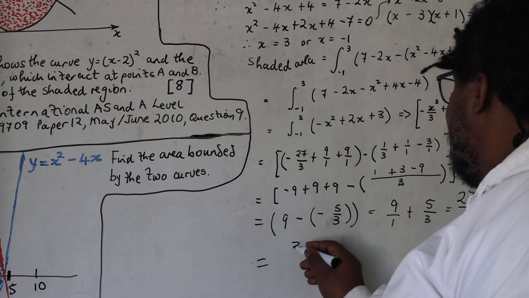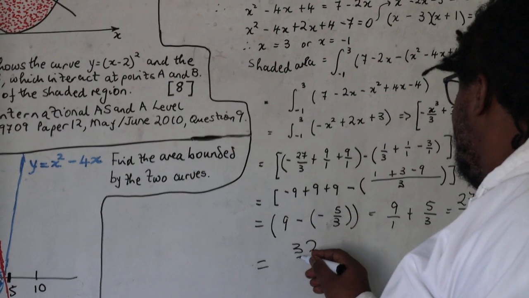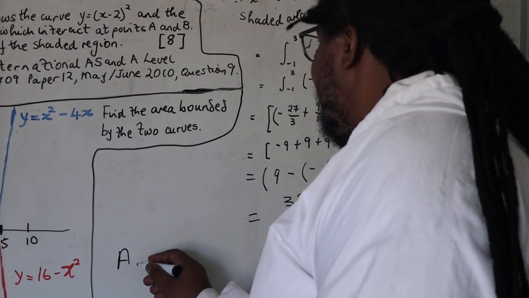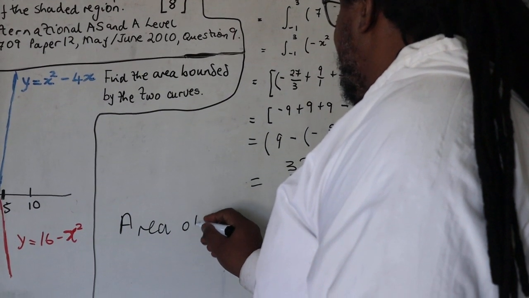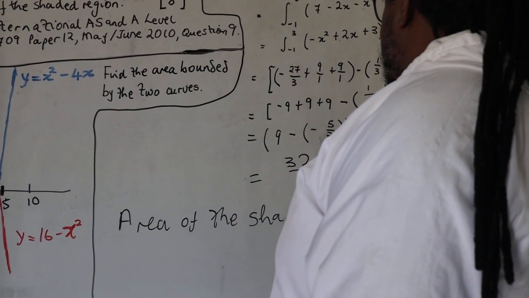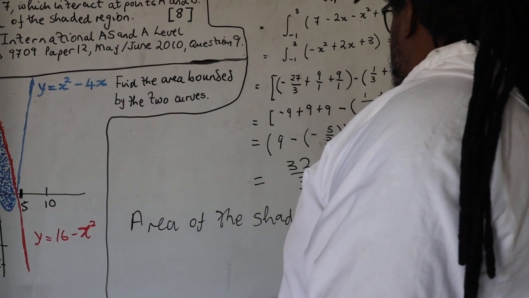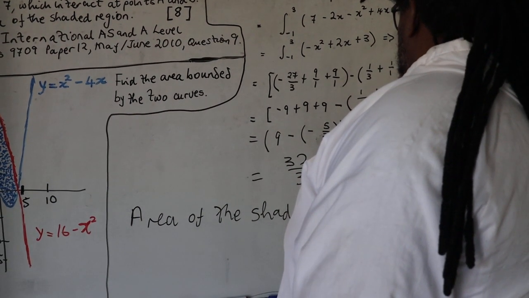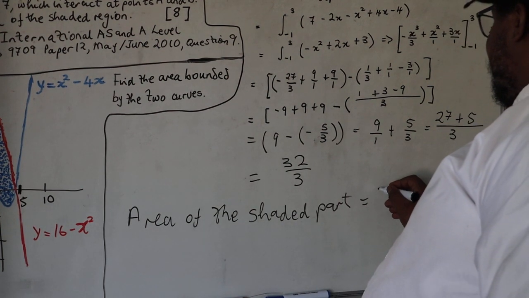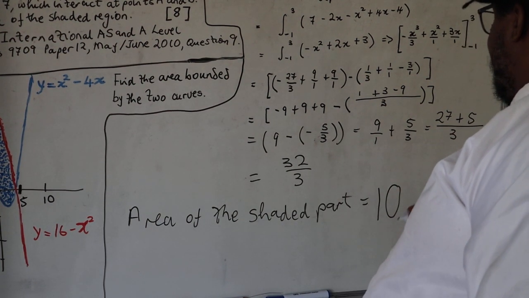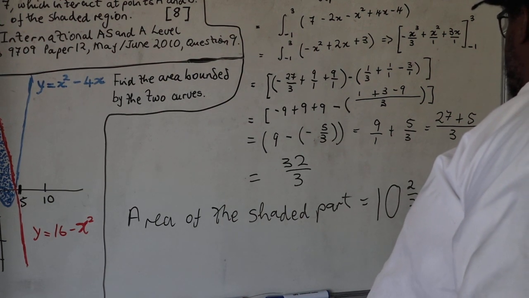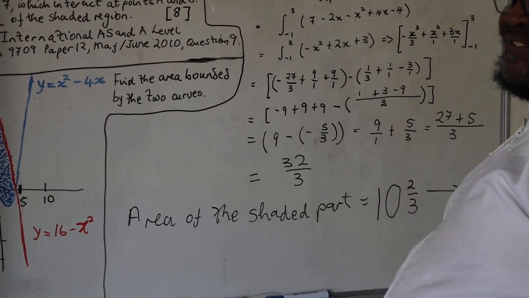So this is equal to 32 over 3, and area of the shaded part equals to 10 and 2 over 3. And you are done.